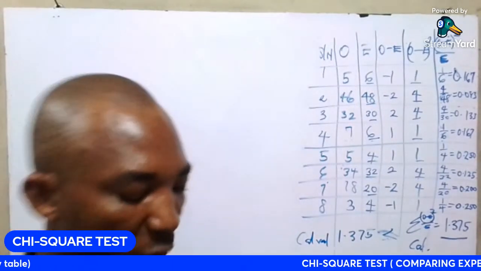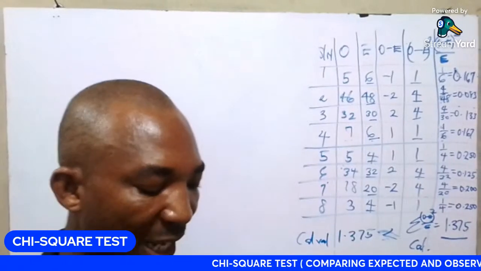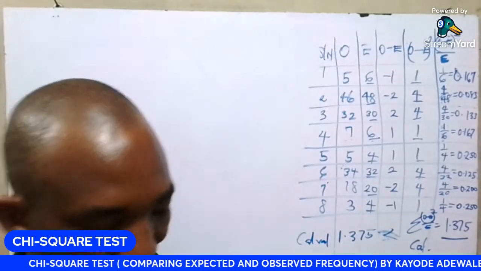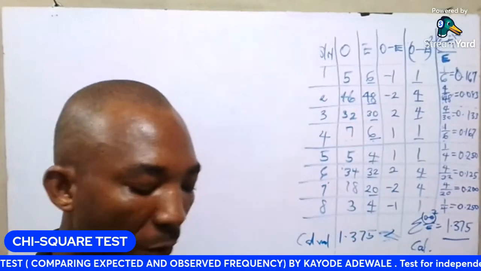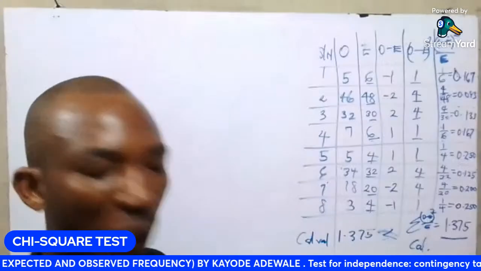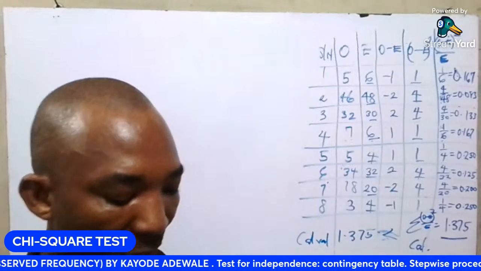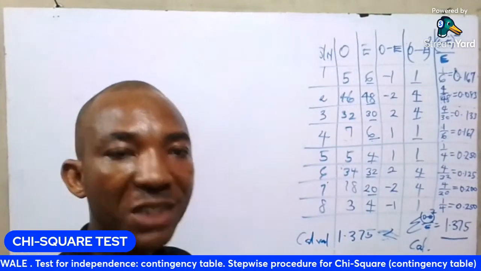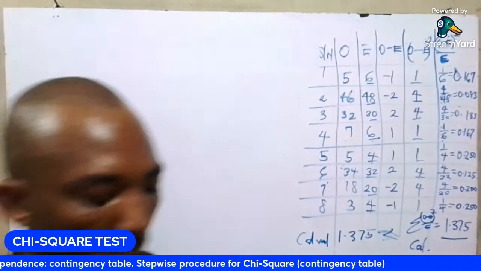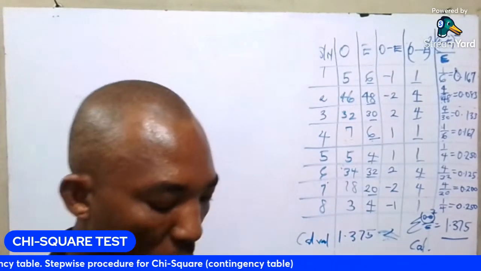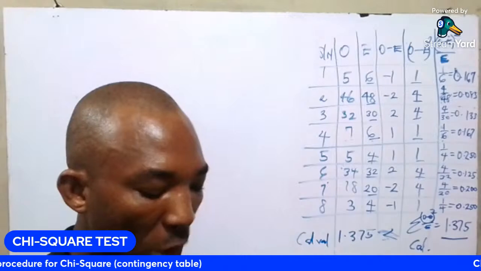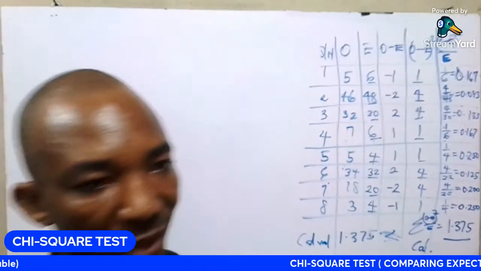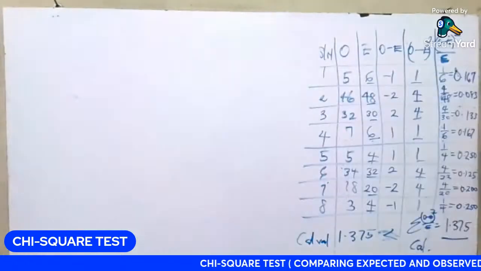The third step, find the difference between observed and expected frequency per cell, and you square that. The fourth step, you divide by expected frequency for each cell and sum up to get your chi-square. Then the fifth step is to look up the table for critical values of the chi-square for the degree of freedom and required significance level. So this is how far we can go on chi-square.